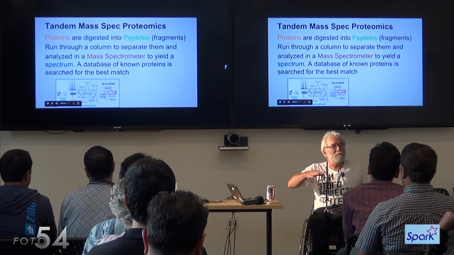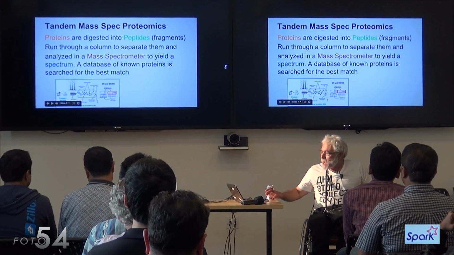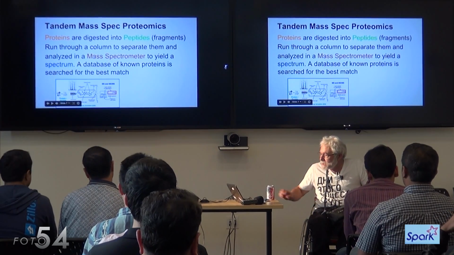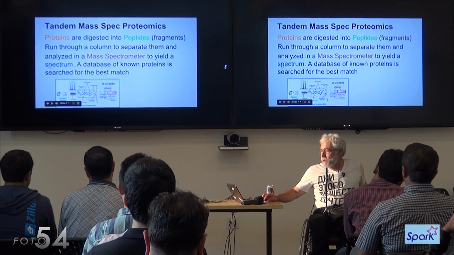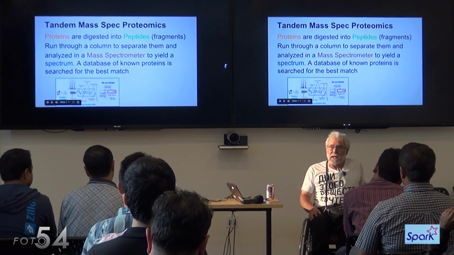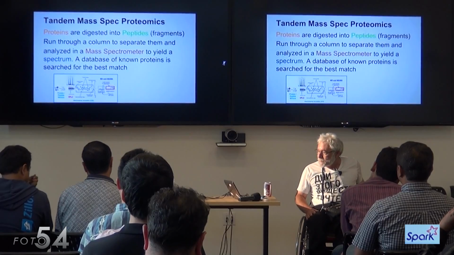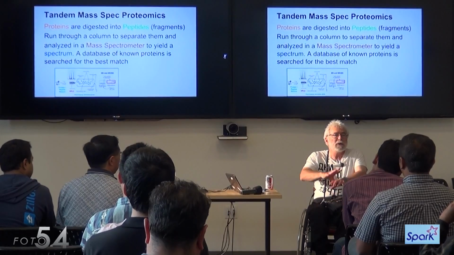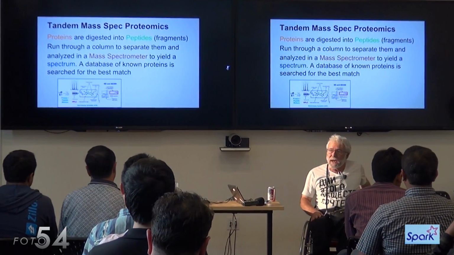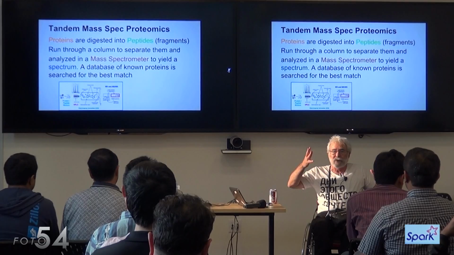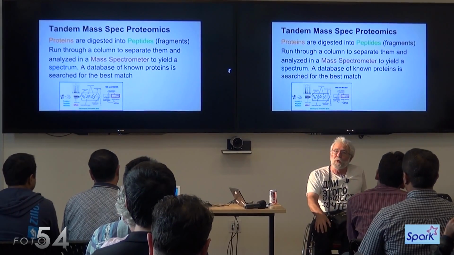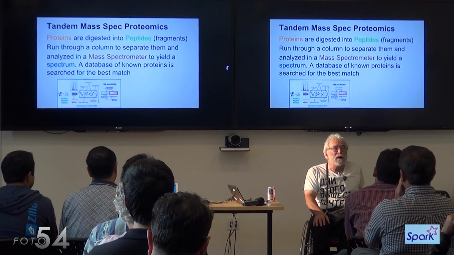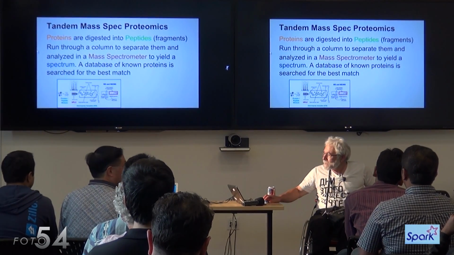You run them through a column which just separates them out so they come out one at a time, and then you stick them in a mass spectrometer. A mass spectrometer is an instrument which, in ways that I will describe in some later slides, is going to yield a spectrum. And once you have this spectrum, you compare it against all possible spectra from all possible fragments of all proteins that we know about in the human body. And that turns out to be a big computer problem.